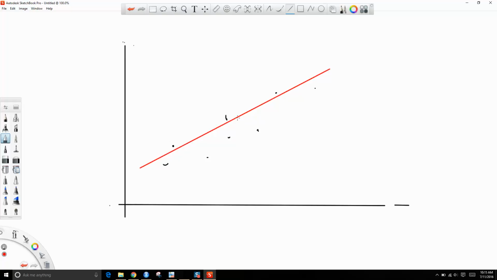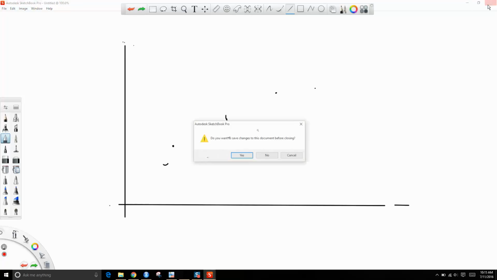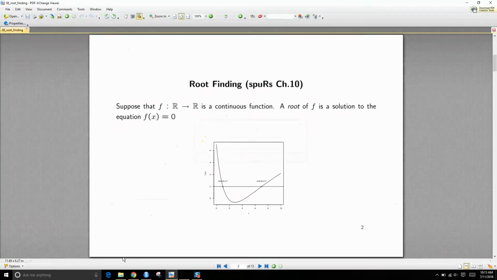What is the criteria for deciding what line is the line of best fit? It's the one where the sum of the squares... Yeah, we're trying to minimize the sum of squared residuals, right?